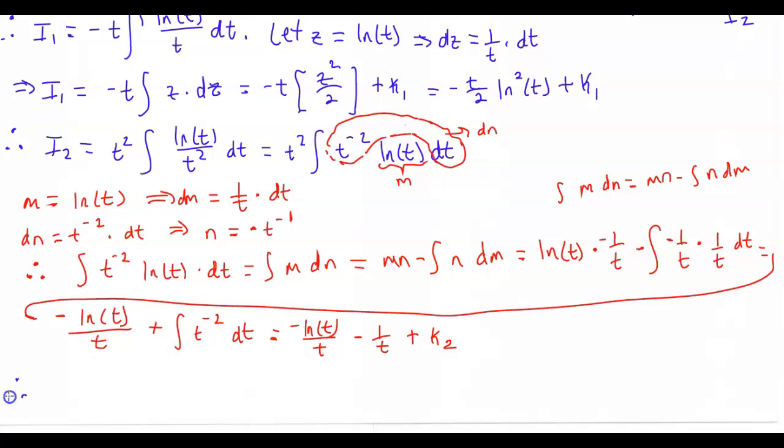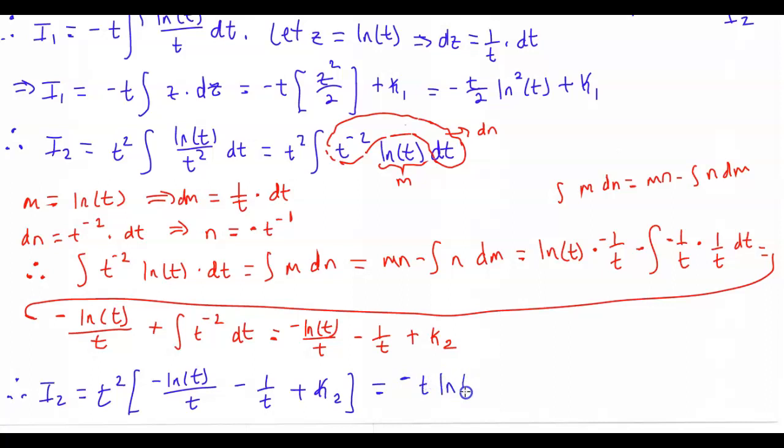So therefore, I2 is just going to be t squared times all this business here. Negative natural log of t over t minus 1 over t plus k2. And now I just multiply that in, and I will have -t natural log of t for the first term, minus t for the second term, and k2 t squared for the third term.